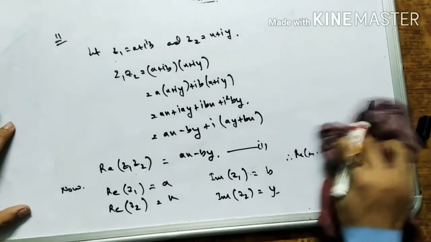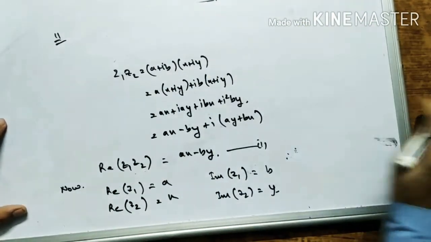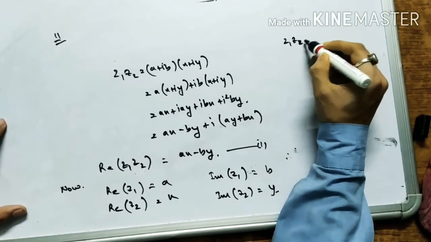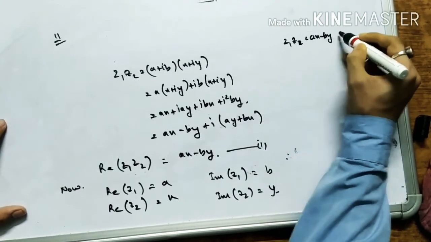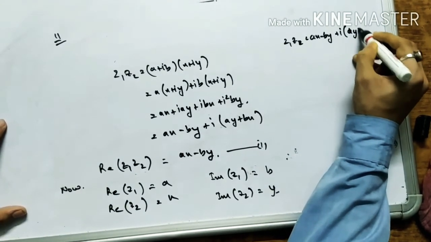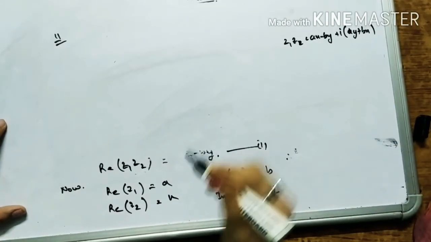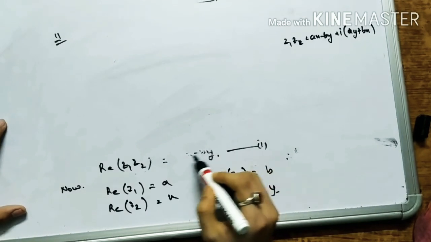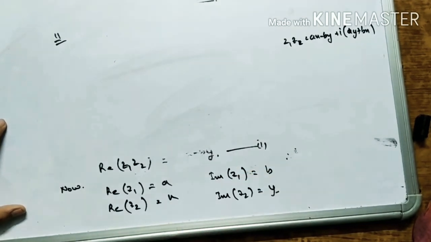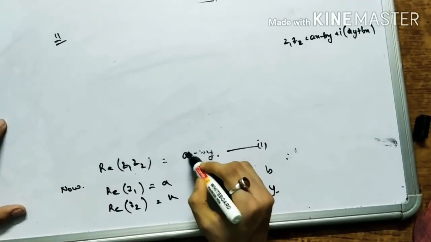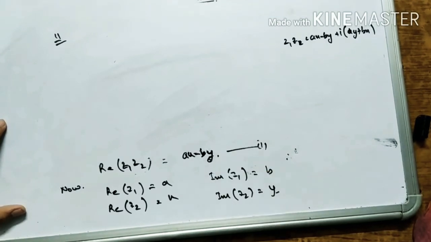Let me write it nicely here. This is z1 into z2, which I got as ax minus by plus i times ay plus bx. Re z1 z2 is ax minus by.